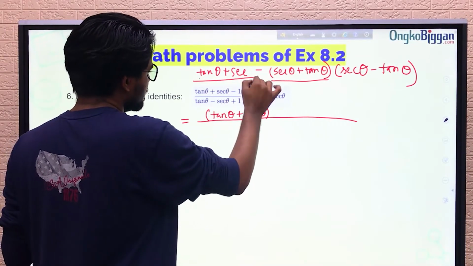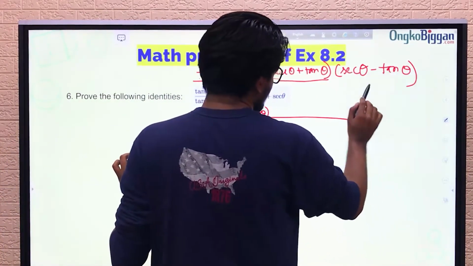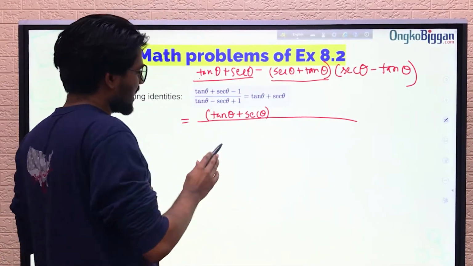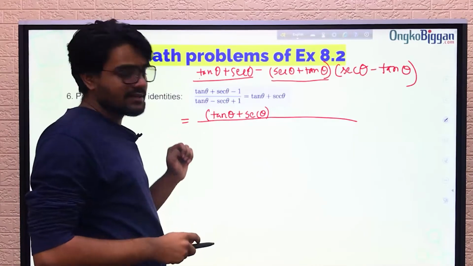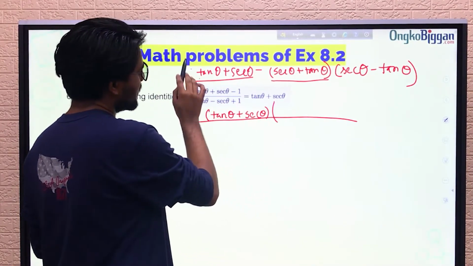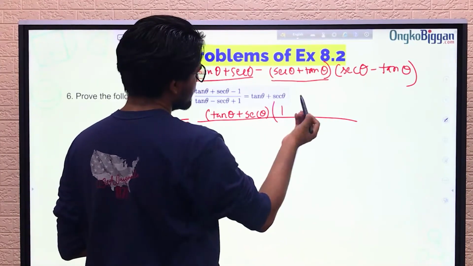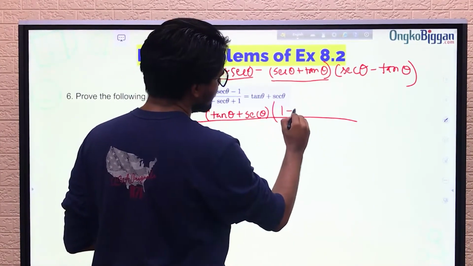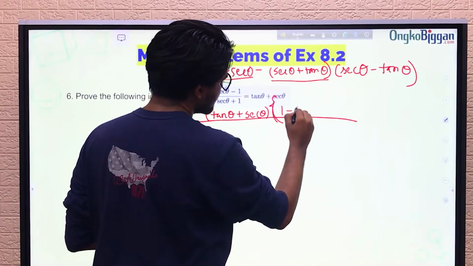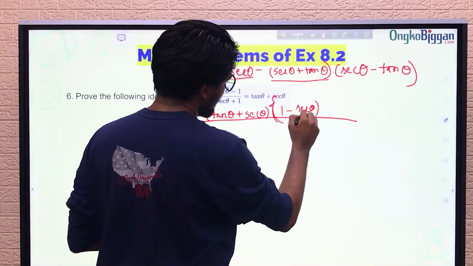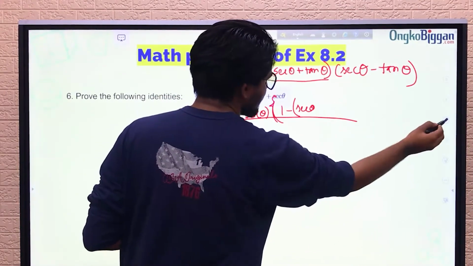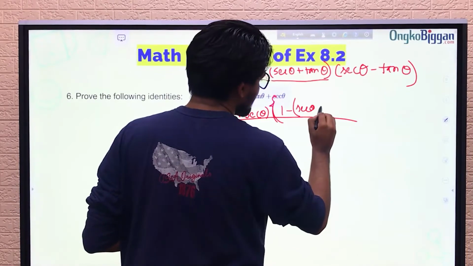So I have taken tan theta plus sec theta common, and we have a 1 here, and we have minus, I should write it with the second bracket, minus (sec theta minus tan theta).